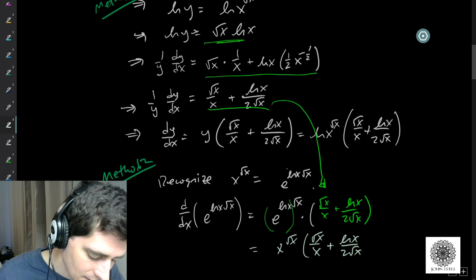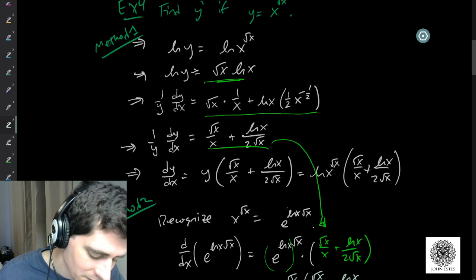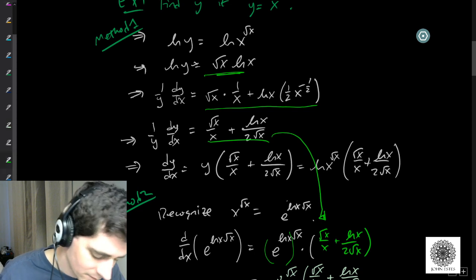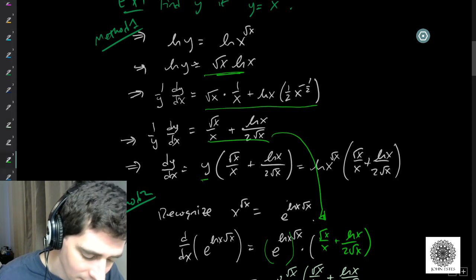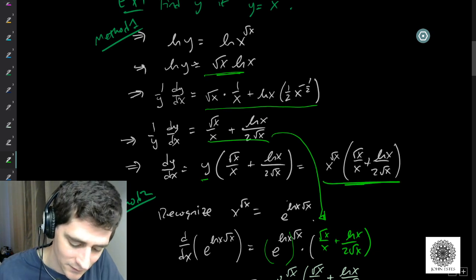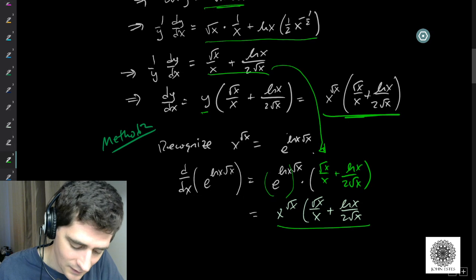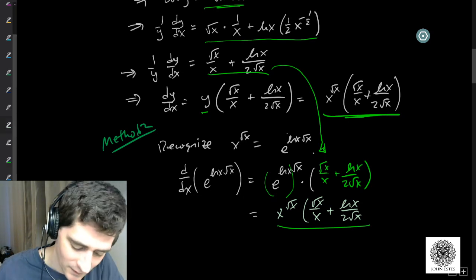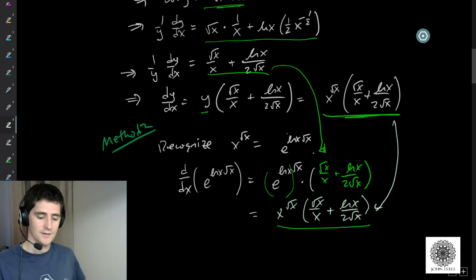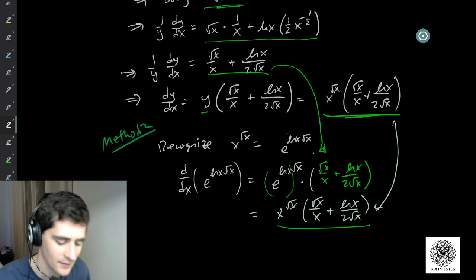And let's see, I think we made a mistake on the first part. Yeah, my y is not ln x root x, it's simply x root x. All right, so look, we got the same thing both times. I just need to be more careful in my writing. Okay, so x root x times that nasty thing, and there we have it.